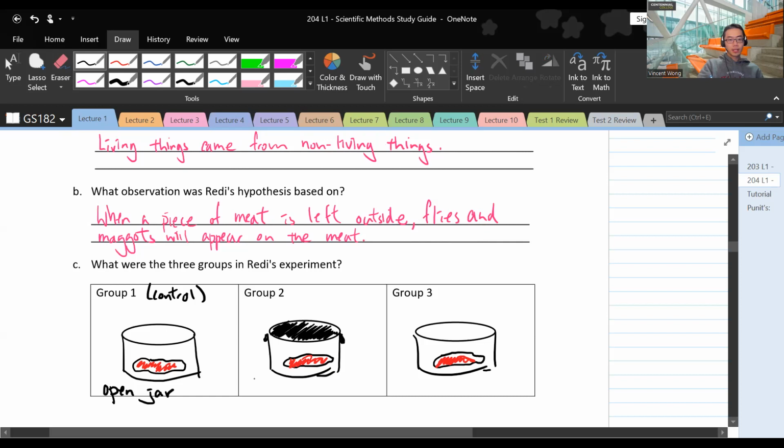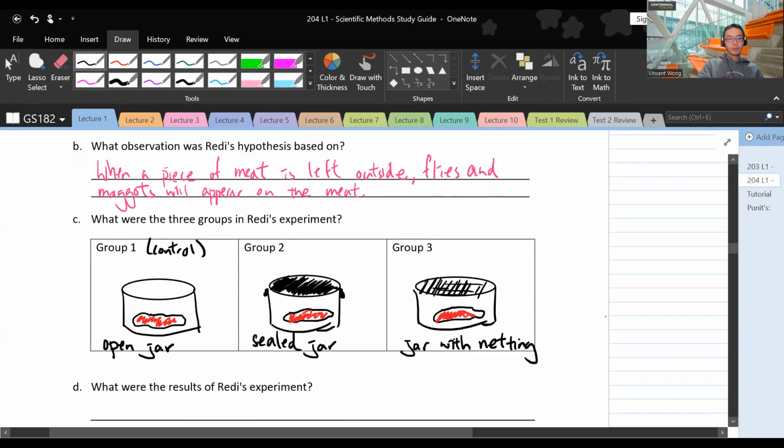And what's the third one? Anyone? One with holes. Yeah, a netting, right? A very small netting. Jar with netting. So those are the 3 groups right here.